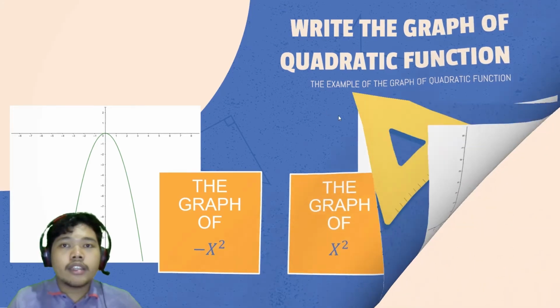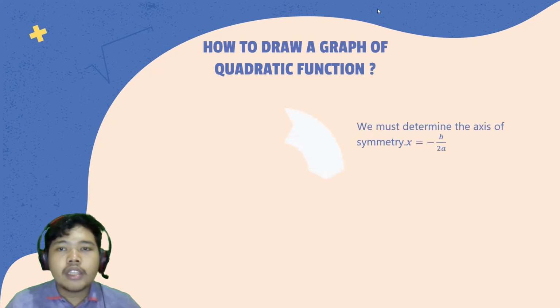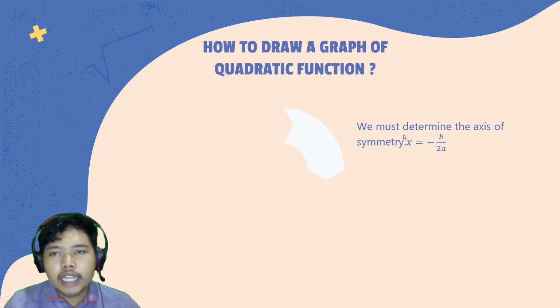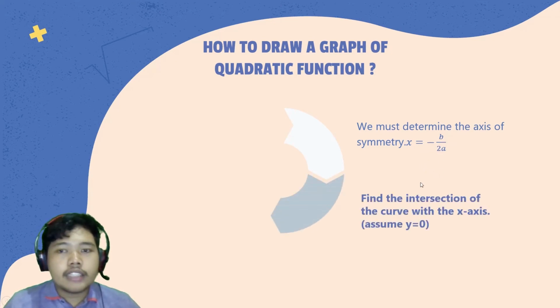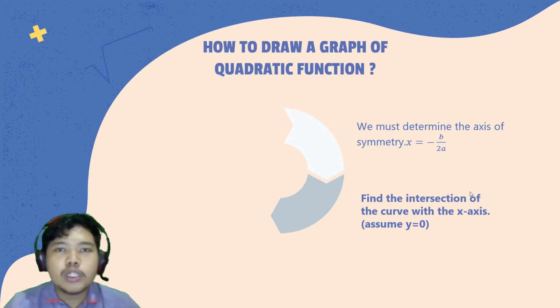Okay, next, to draw the graph of a quadratic function, we must follow some steps. The first step is we must determine the axis of symmetry. The equation of the axis of symmetry is x is equal to minus b per 2a. The second step is we will find the intersection of the curve with the x-axis. To find this, we must assume that y is equal to 0.